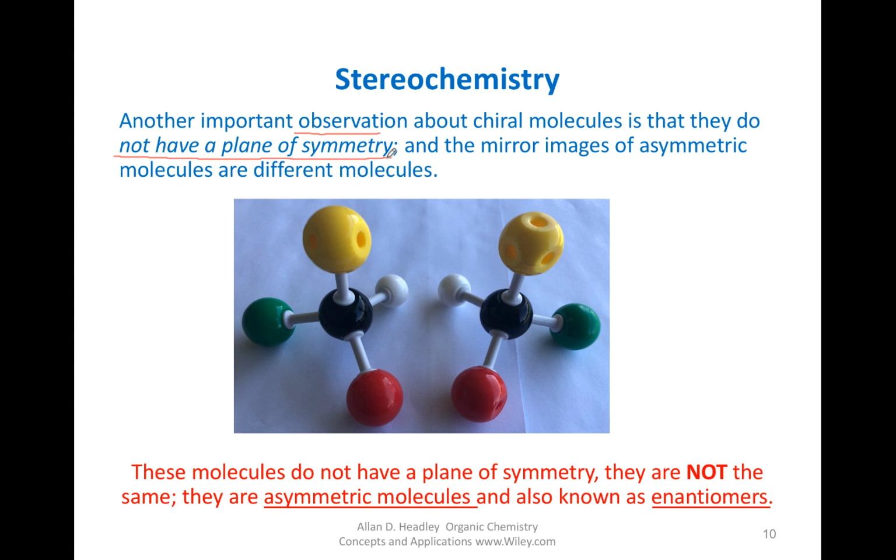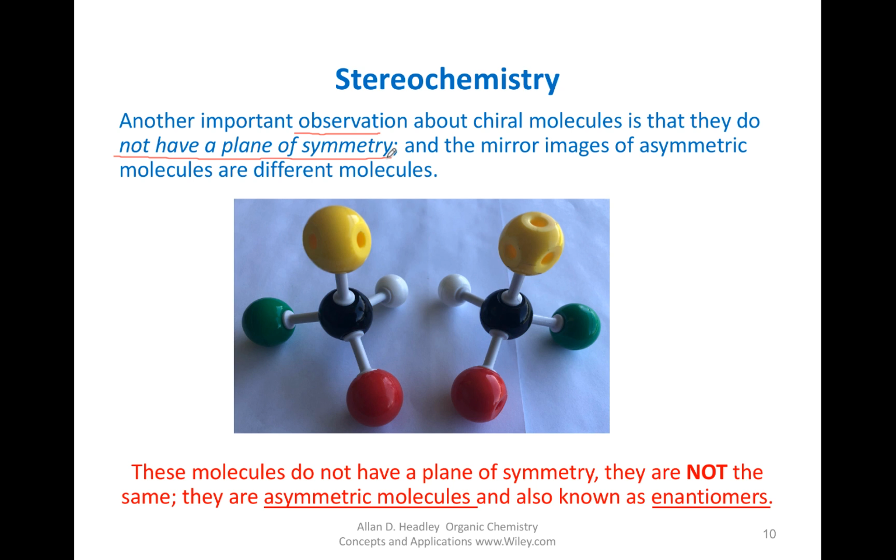In other words, if you put a plane right through the center of that molecule, one half will not reflect on the other half. You cannot find a plane going through that molecule where one half reflects on the other half. So we say that it lacks a plane of symmetry, or it does not have a plane of symmetry.